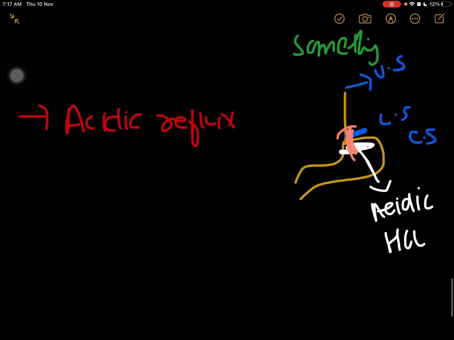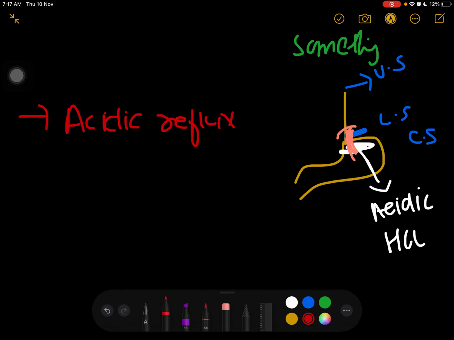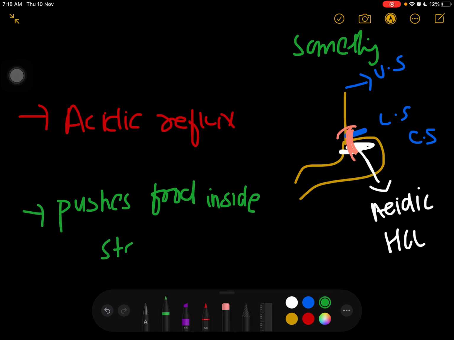Now, okay, what's another work of this sphincter? That it pushes food inside the stomach, right? And when we're eating something, it gets relaxed. Obviously it has to pass the food inside the stomach, that's why.